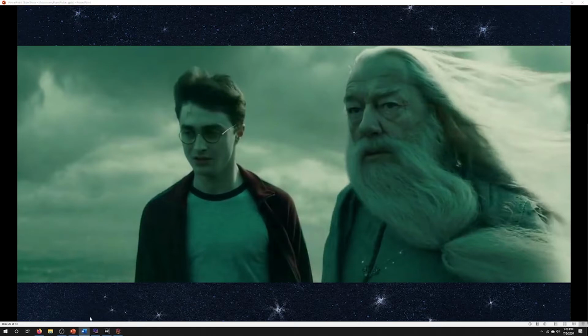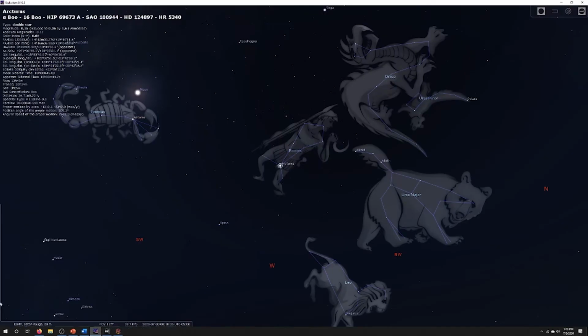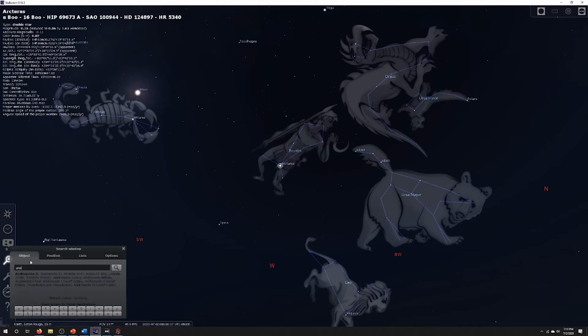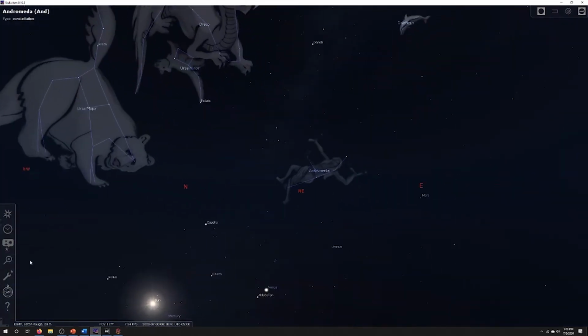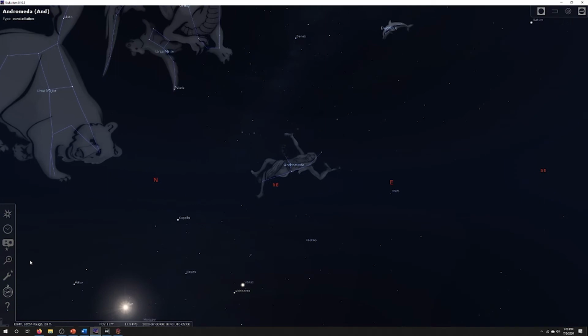Now, continuing down the family tree, there's also someone named Andromeda Black Tonks. Andromeda Black Tonks gets her name from the constellation Andromeda.